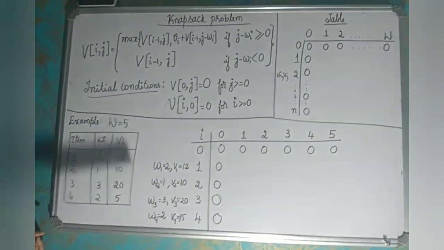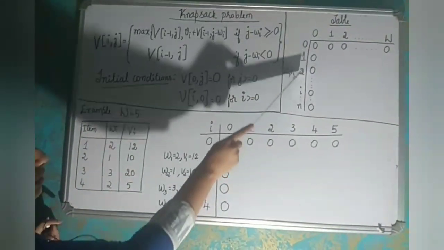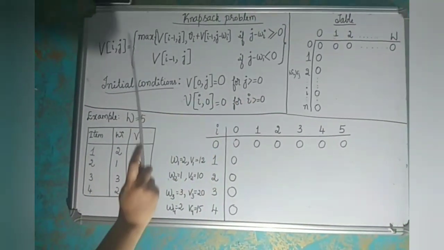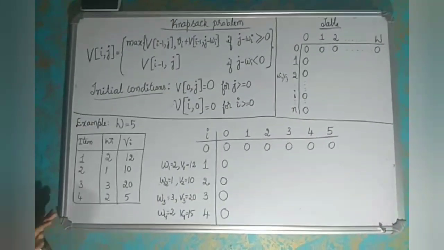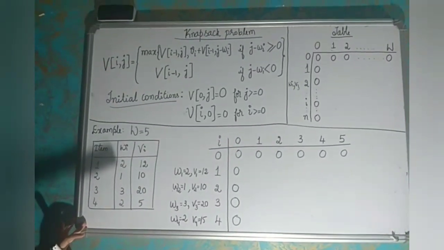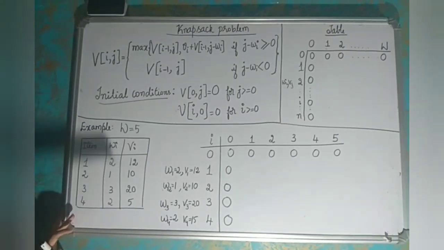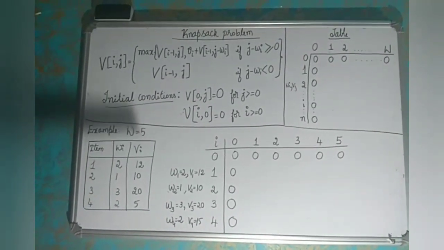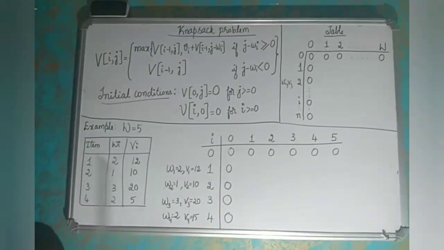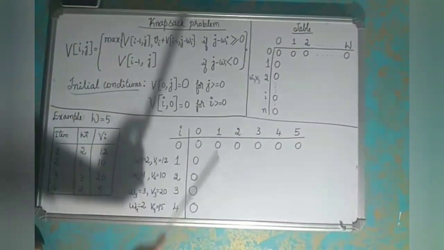So, what is I here? I represents the total number of items. If you take the first row, in this case we are going to consider 0 items. So what is the solution when there are no items? There are no items at all, but that solution is required in order to build the next set of sub-solutions.